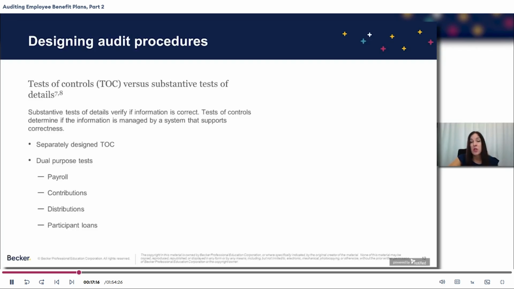So you're testing the controls surrounding the payroll and testing the control to make sure they're using the correct definition of compensation, to allow you to test that the amount that was withheld from the participant's wages is what they wanted withheld.